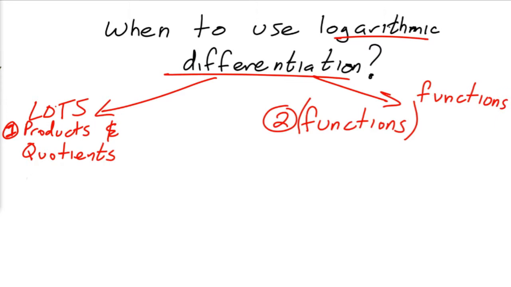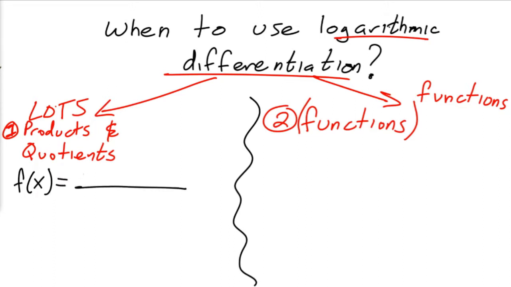So let's say, for example, you have the following function. Let me break these guys up. For example, if you've got the function x to the 5th times (x to the 4th minus 3x) raised to the 10th times, how about square root of x over 5 raised to the 2x minus 3 times 4x, something like that.